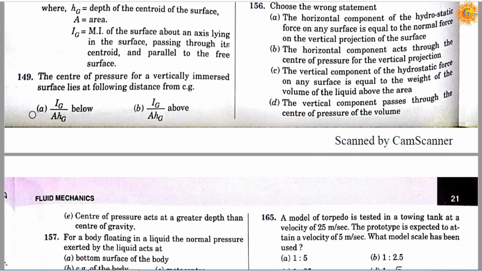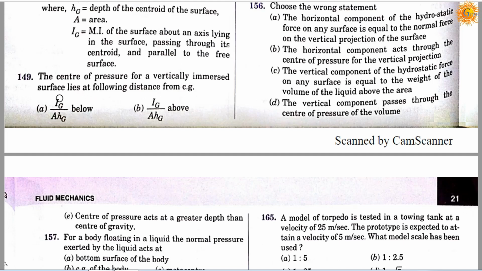Okay. Question number 149. The center of pressure for a vertically immersed surface lies at the following distance from the center of gravity.